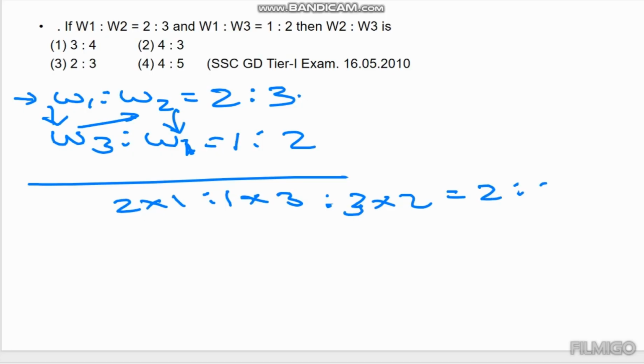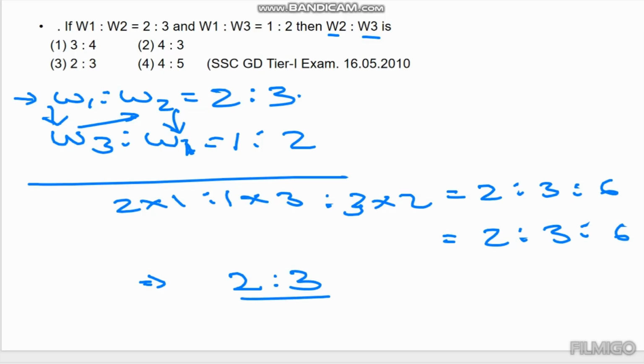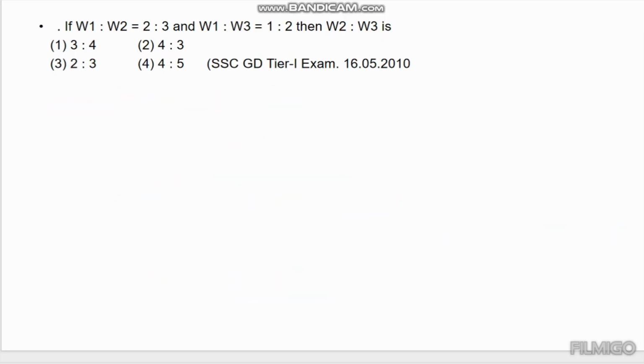So 2 is to 3 is to 6. For W2 and W3, it can be written as 3 is to 6, which simplifies to 2 is to 3. Option 3 is the correct answer.